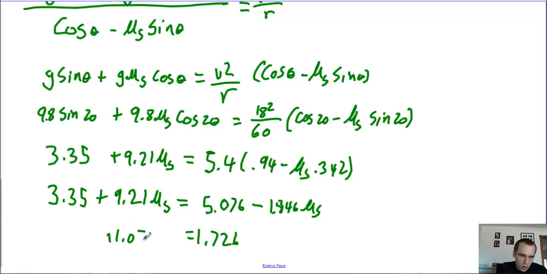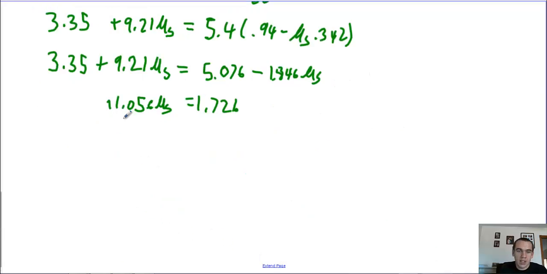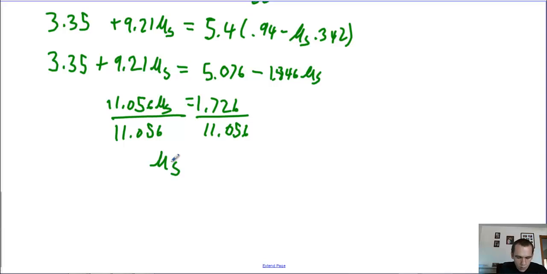So 11.056 times the coefficient of static friction equals 1.726, and now I can divide both sides by this 11.056, and I see my static friction. 1.726 divided by 11.056 is 0.156. It has to be at least 0.156 in order to turn this corner at that speed.